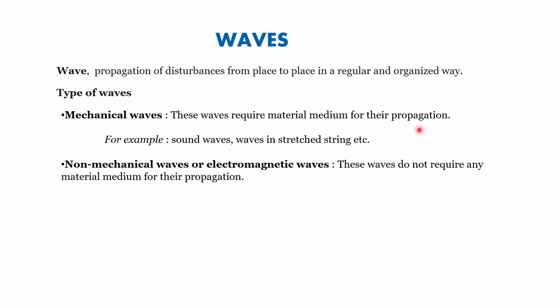But when light enters a medium, its velocity may change; it may increase or decrease based on the medium. In most mediums, it will decrease. So these waves are also known as electromagnetic waves. What are their examples? I told you, light waves and X-rays.